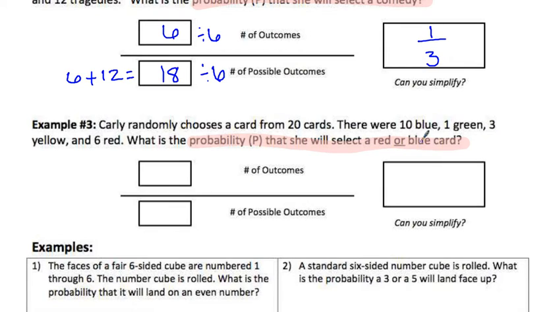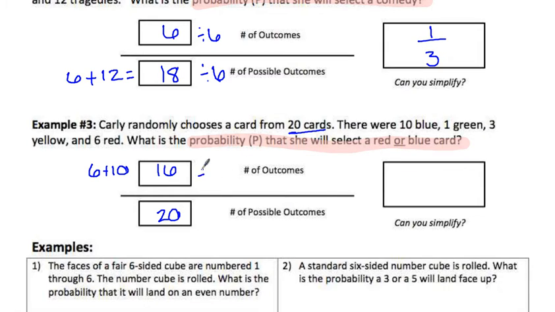It doesn't matter. So how many cards total do I have to look at for my outcomes? Well, I have 6 red and 10 blue, which would be 16 total cards that I can choose. So it's 16 out of the total, which they tell me there's 20. So 16 out of 20.